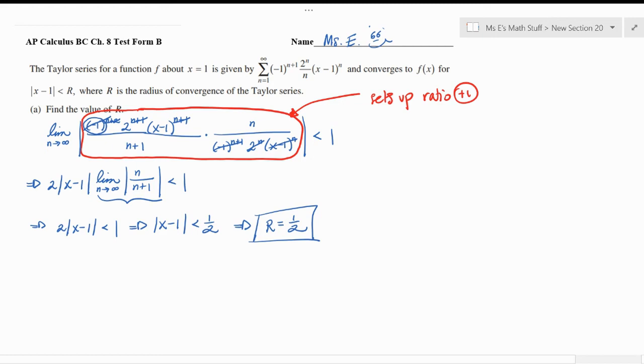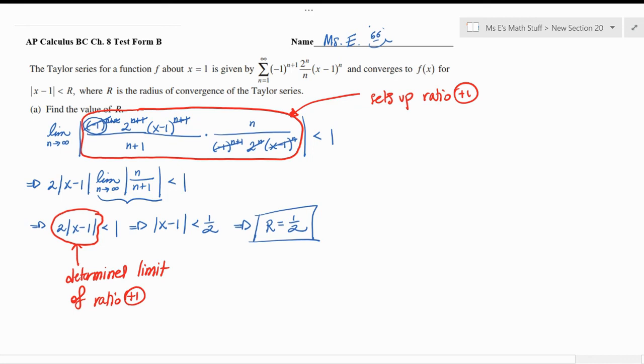1 point for determining the limit of the ratio. And that would be basically what you got after you simplified the left side. That determines the limit of the ratio.